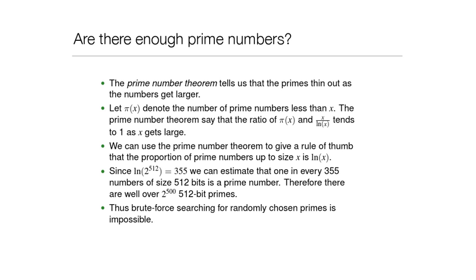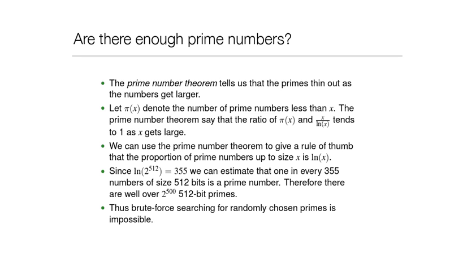So we can estimate that 1 in every 355 numbers of size 512 bits is a prime number. Therefore, there are well over 2 to the power 500 512-bit prime numbers. So that is more than enough to give random choices for prime numbers for RSA usage.